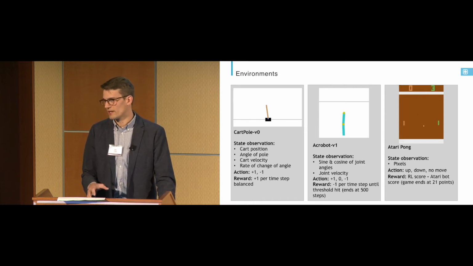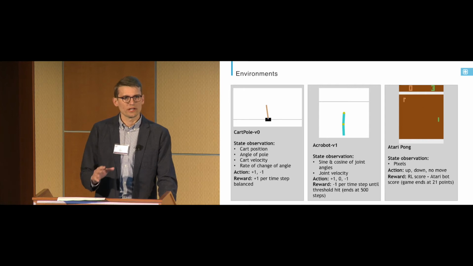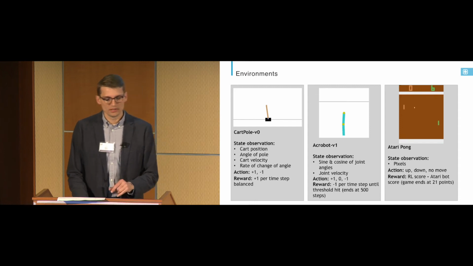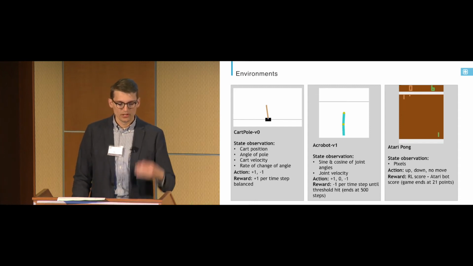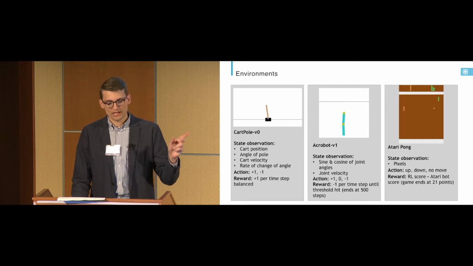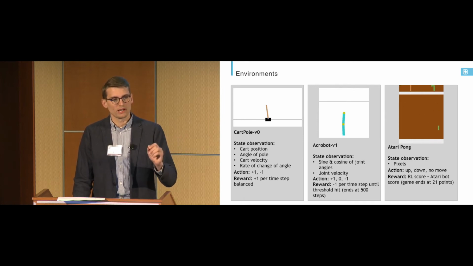The left-hand side is actually the original Atari AI agent, and the right-hand side is the learned RL agent. The game ends when either side gets to 21 points, and the final score is our score minus the agent's score. However, in this environment, it tells you the reward each time step. So it's sparse again, but if you hit the ball past the agent, you get a 1 at that time step.